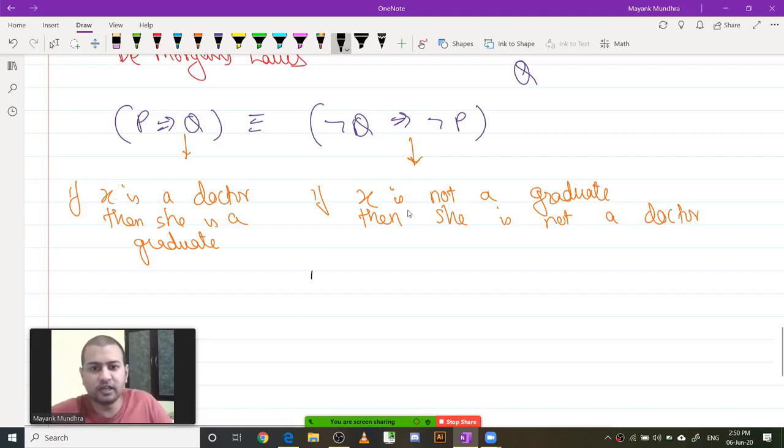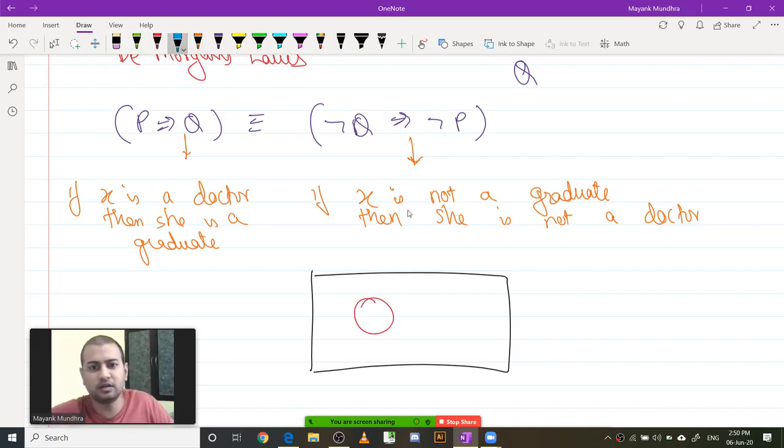So graphically what this means is, we constructed this as the circle P and this as the circle Q. So statement 1 means P implies Q. What this means is if a point lies inside the red circle, then it lies inside the blue circle.